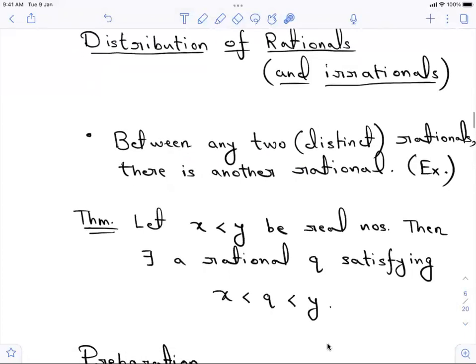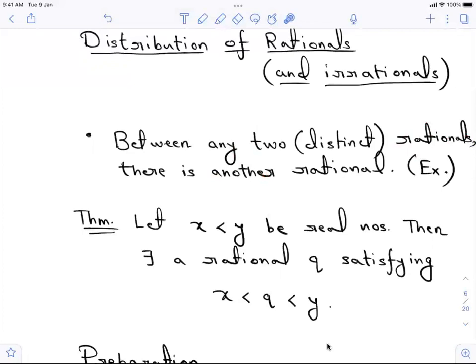The moment you replace these rationals by reals, it becomes different. Suppose I want to show that between any two reals there is a rational number. The one-step method that worked here is definitely not going to work.